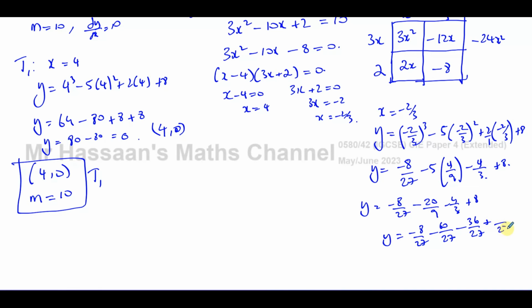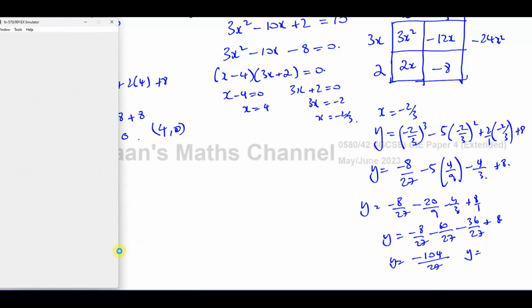In fact, I'll just leave it as plus 8, that's probably easier, and then whatever comes out there, I'll just add 8 to it and see what happens. So we have here minus 36, minus 60, that's minus 96, minus 96 minus 8. That's going to be minus 104 over 27. So y is going to be equal to, what does that give us? 104 over 27.